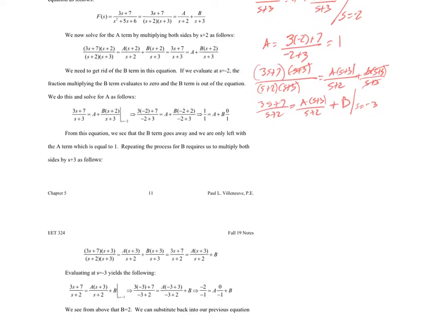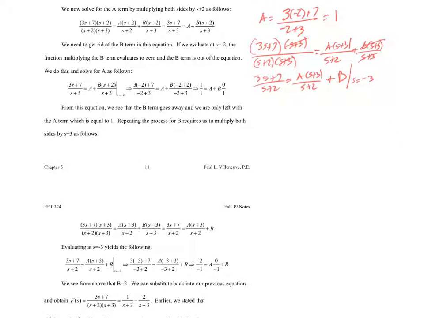So let's move that up. So b is going to be equal to 3 times negative 3 plus 7 over negative 3 plus 2. So negative 9 plus 7 is negative 2 divided by negative 1 is a positive 2.